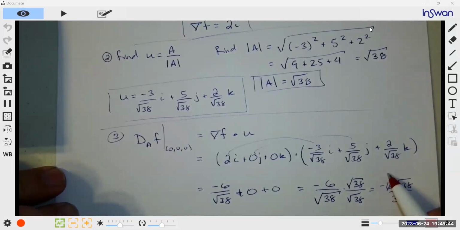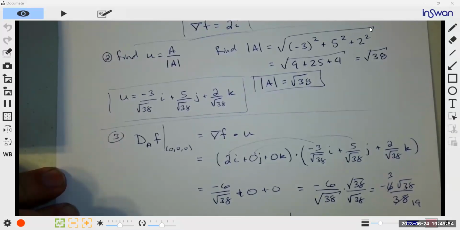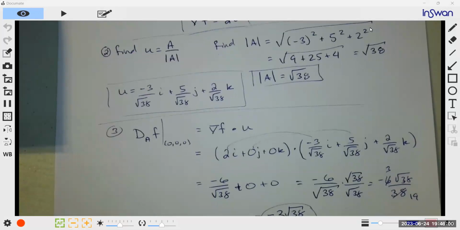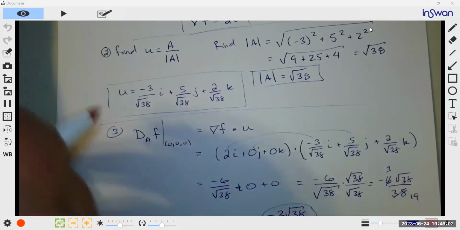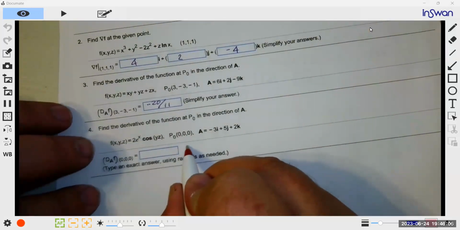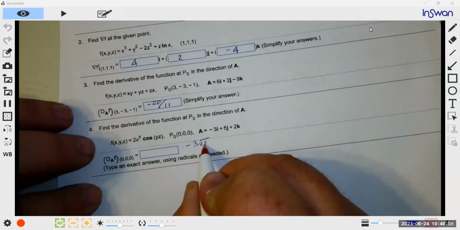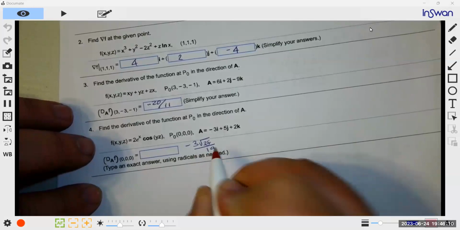And 2 goes into 6 3 times, 2 goes into 38 19 times. So it's -3 radical 38 over 19.